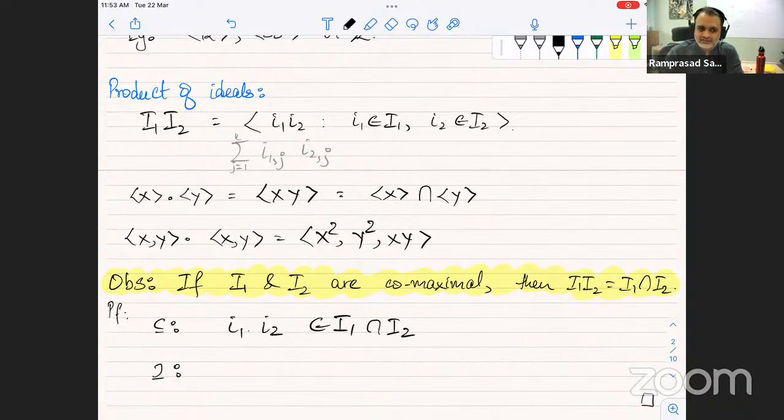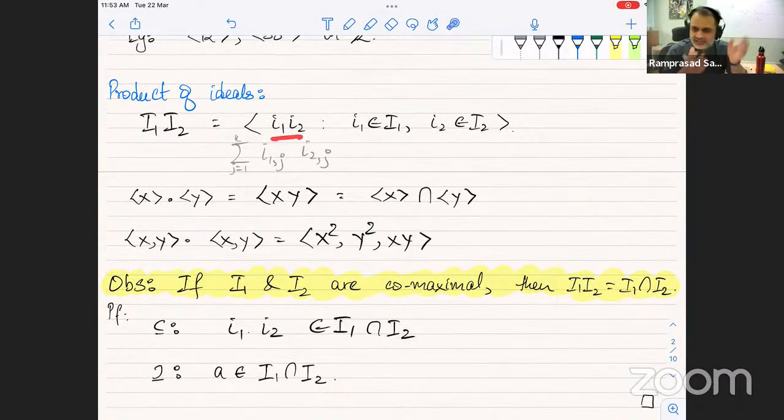Okay, so basically now what do I want to show? Let's pick up any arbitrary element of I1 intersect I2. I want to be able to write it in terms of elements of the form something in I1 times something in I2. So we need to use co-maximality somewhere. Therefore, let's assume that I1 plus I2 is equal to 1.